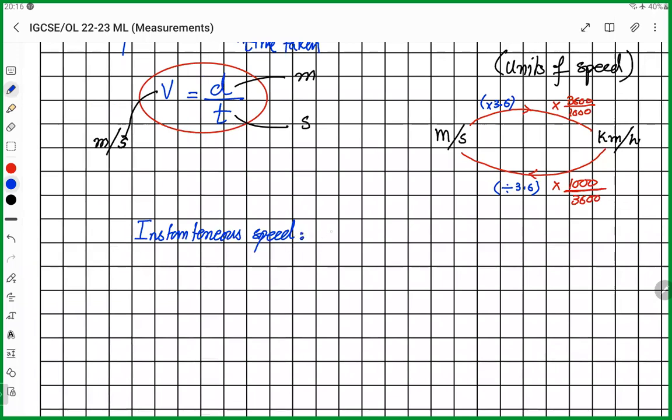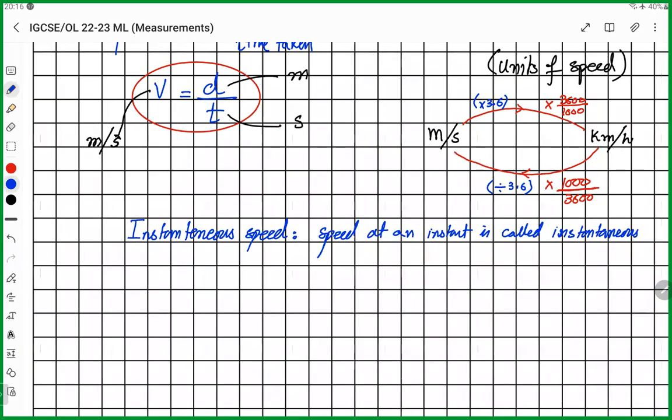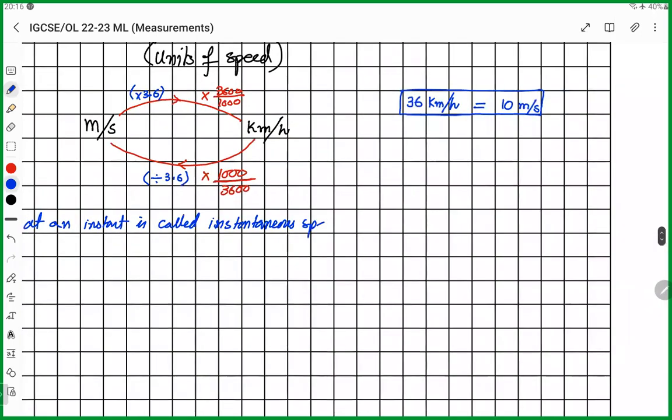Instantaneous speed means speed at an instant is called instantaneous speed.